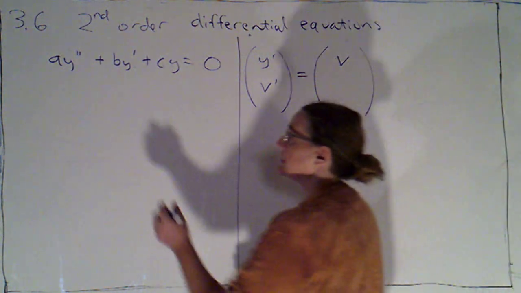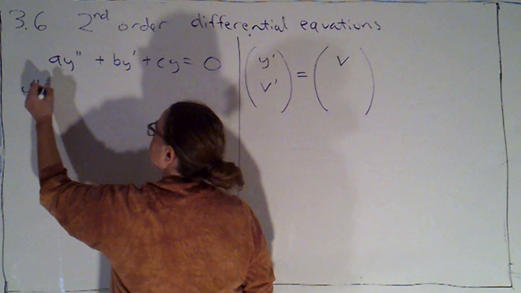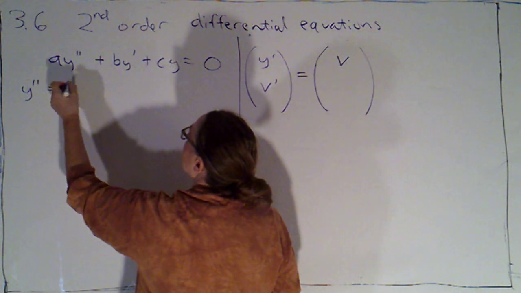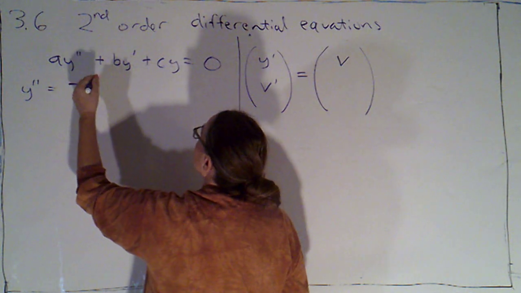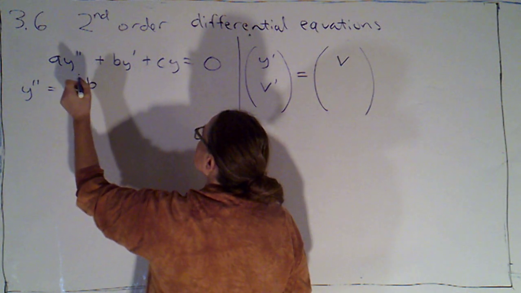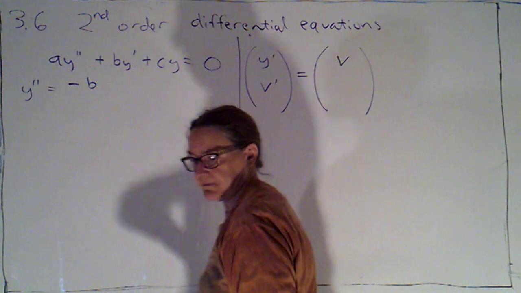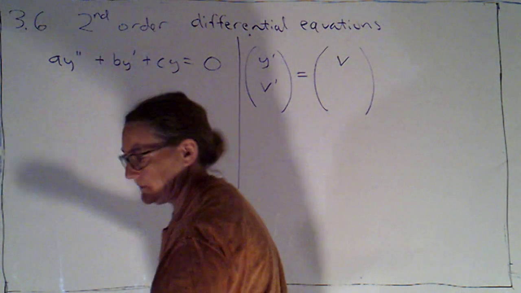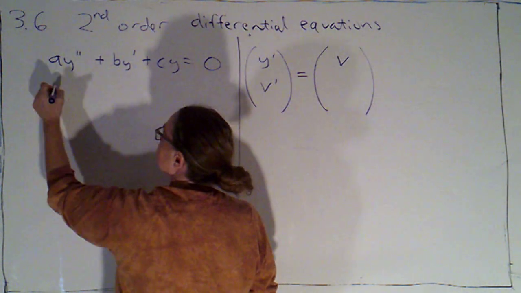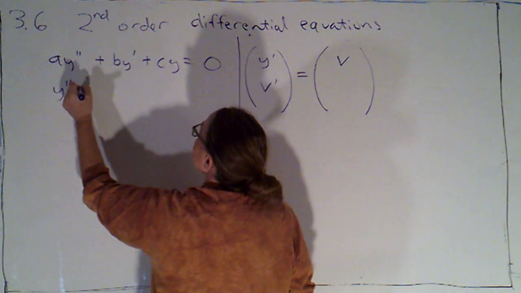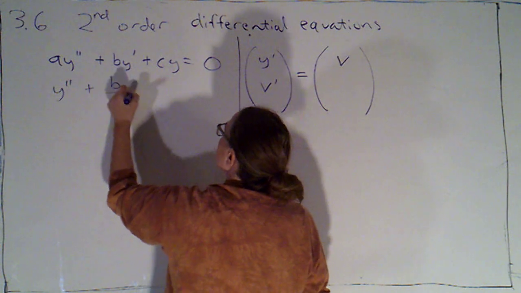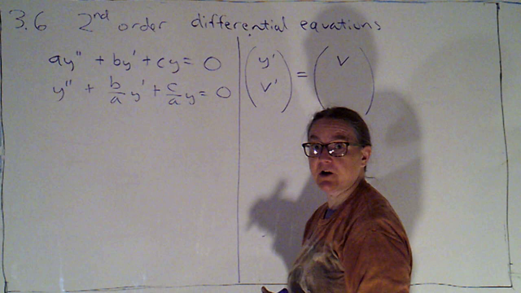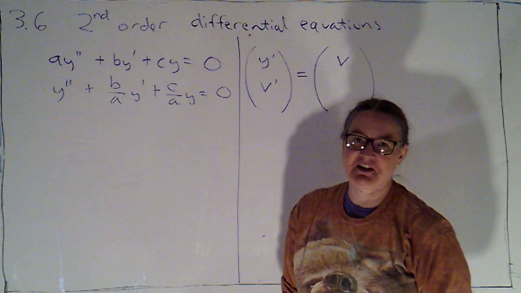Okay. And then V prime, we should be able to express in terms of Y and V. Earlier, I had solved this for Y double prime. Let me first of all divide through by a. So I get y double prime plus b over a y prime plus c over a times y is equal to 0. It's not necessary to do that first.